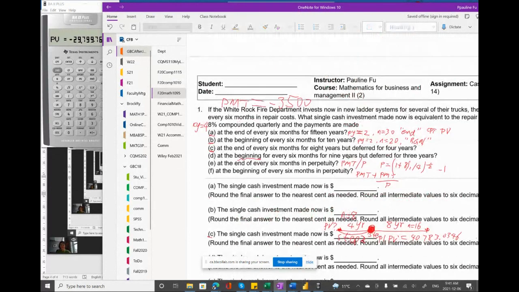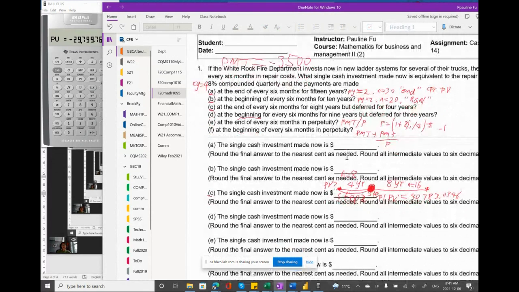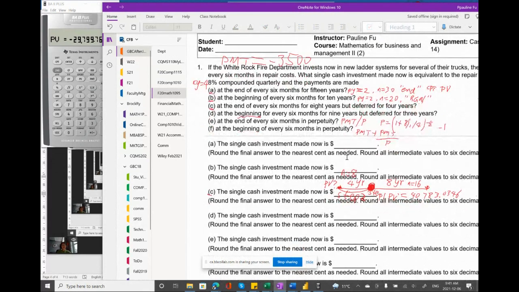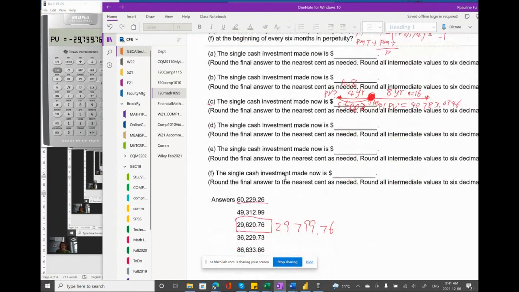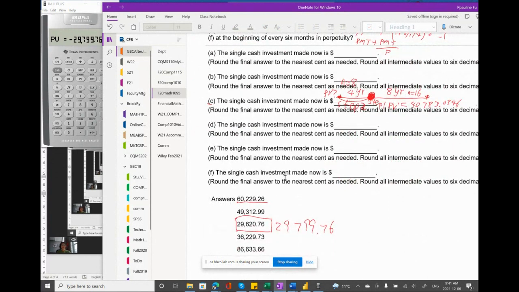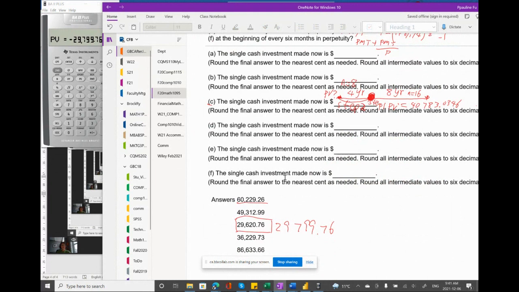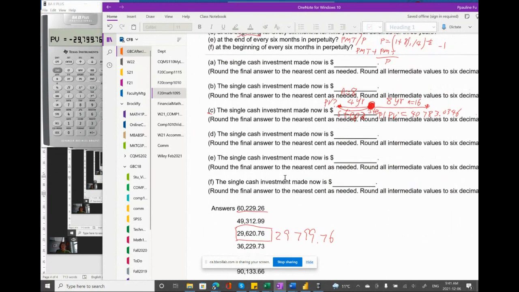Yes, end of 6 months for 8 years, but deferred for 4 years.